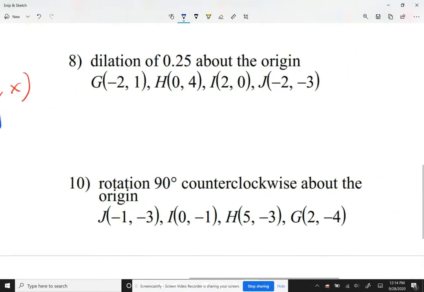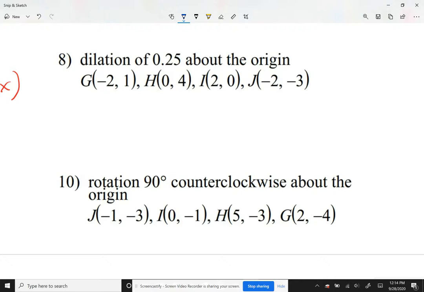Let's take a look at question number 8. Now, dilation means I'm going to multiply by the scale factor. In this case, 0.25. Because my scale factor is less than 1, if I was to graph these images, I expect it to get smaller. All right, so if I'm asking for G prime, multiply the x and the y value, multiply each of them by 0.25.